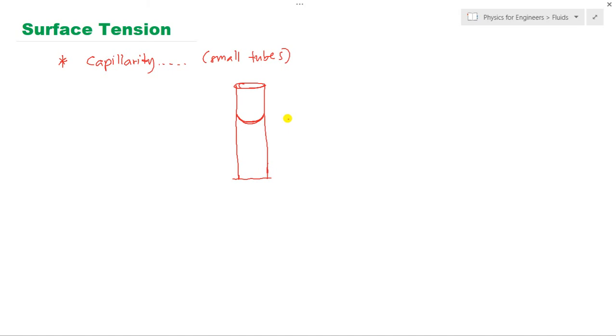For water it is a lower meniscus, because if it is a lower meniscus, then the adhesive force is higher. Okay, the adhesive force is higher.